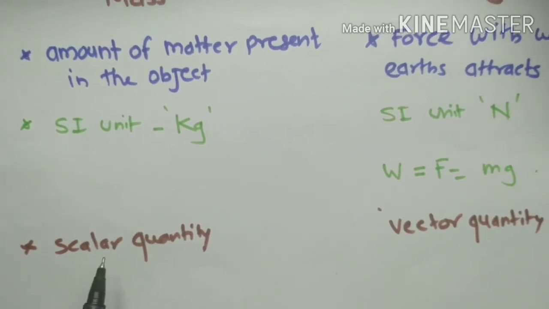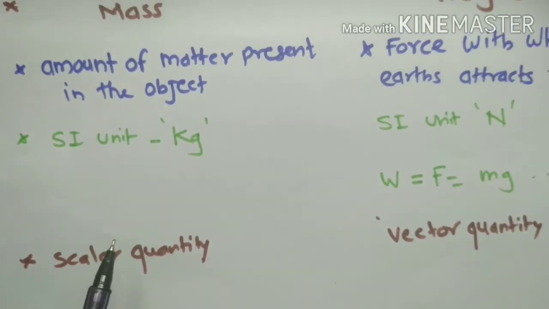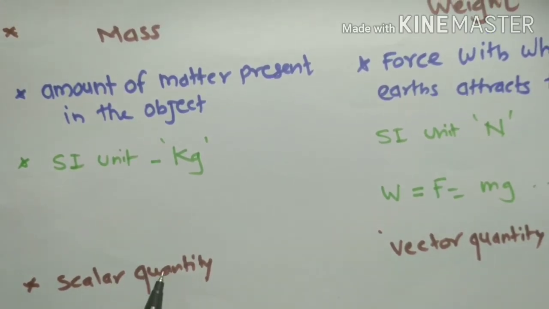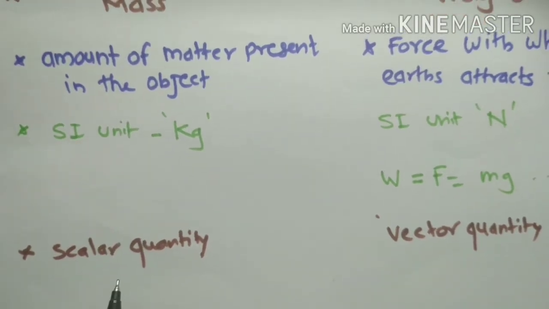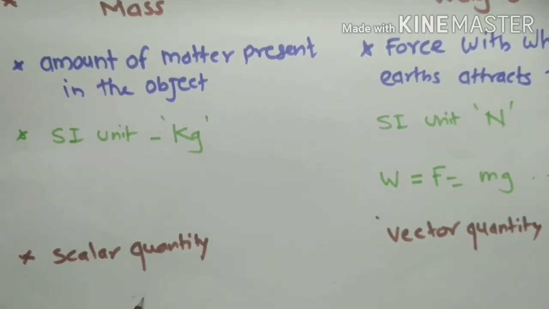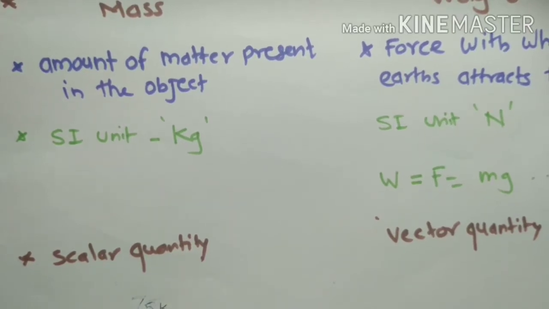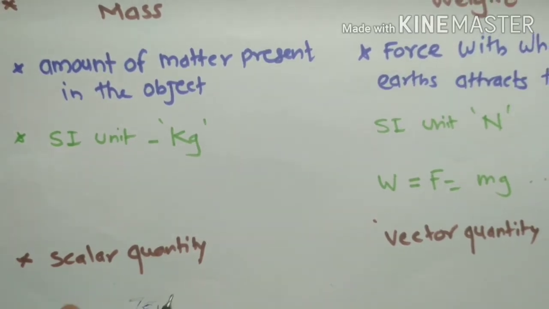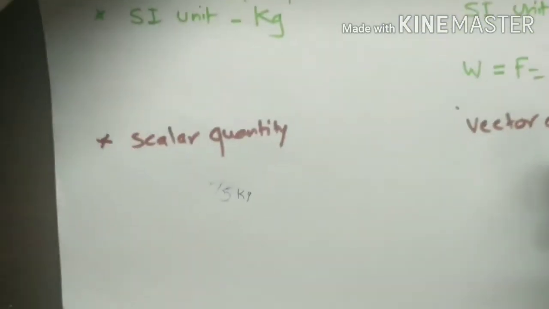When we say that Raju's weight is 75 kilograms, that is not a weight, that is his mass. If we consider the example in the book, 75 kilograms is actually the mass. We call it weight, but it is not.